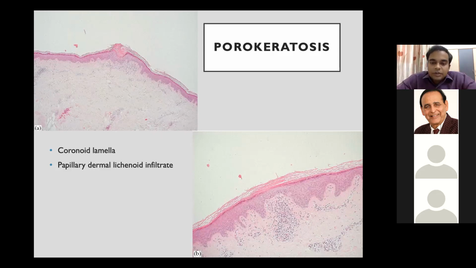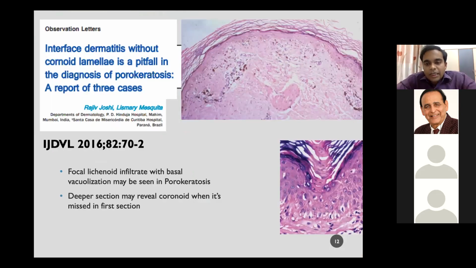But if you do subsequent sections, and there has been literature on this, especially a series by Dr. Rajiv Joshi, they had clearly pointed out that sometimes what you initially see is just lichenoid infiltrate. If you have a high index of suspicion, then you keep on doing step sections, and you will be able to find that cornoid lamella, which was just not visible in the first slide. So deeper sections are a must.